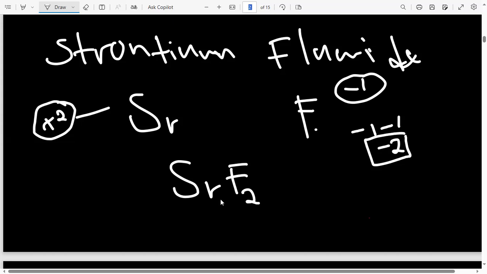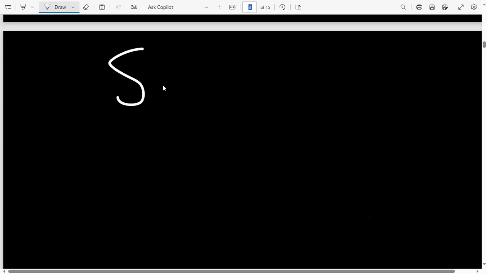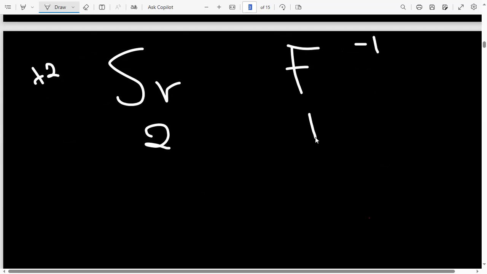Or you can say that since I have strontium here and fluoride here, I know that the valence of this one, since it has a +2, will be 2. And this one, since it has a charge of 1, its valence will be 1. So we are going to do a cross multiplication between these two elements.